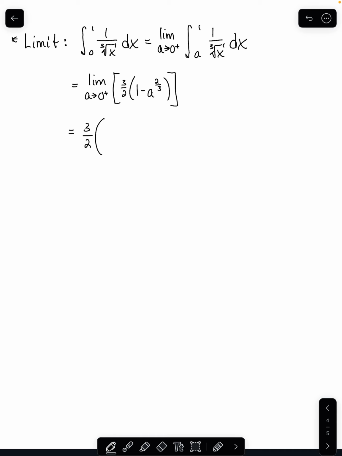What we have then is the 1, which is also unaffected by the limit, and then we have the a, which is a value approaching 0 from the right, raised to the 2/3 power.